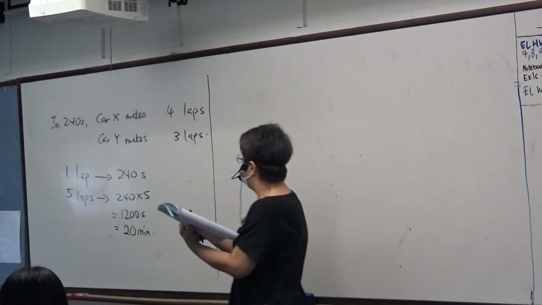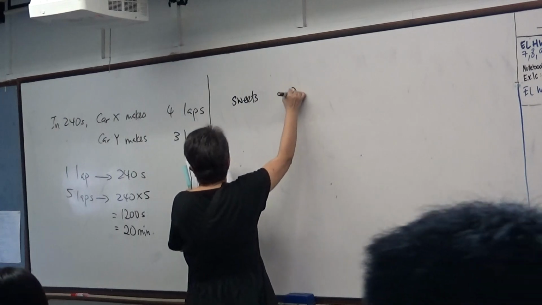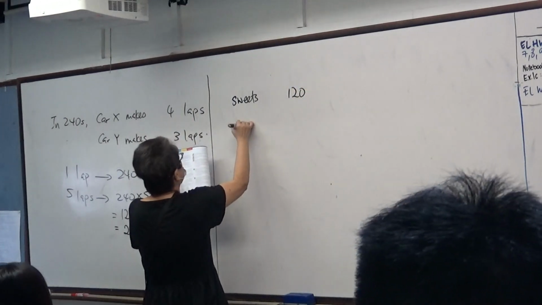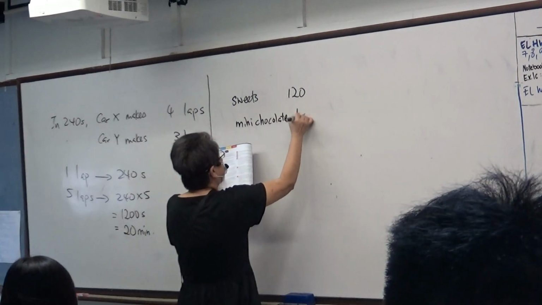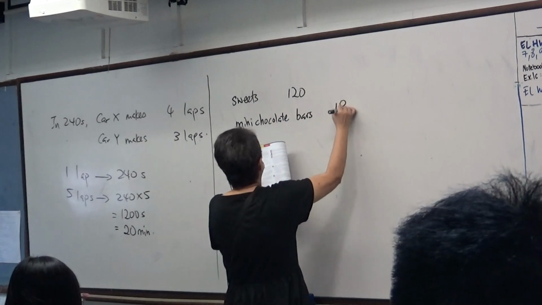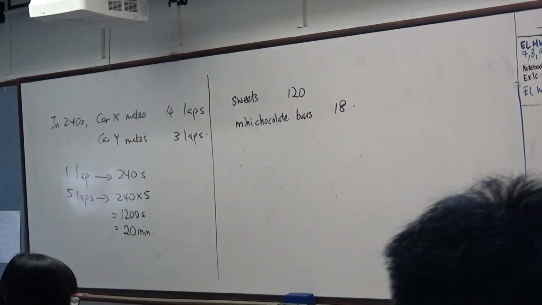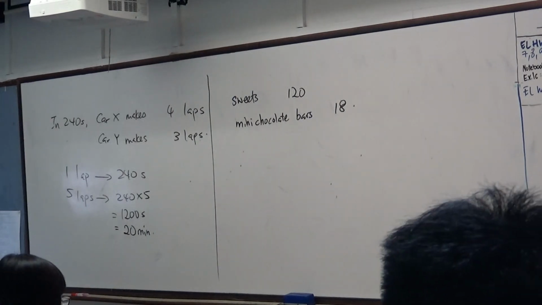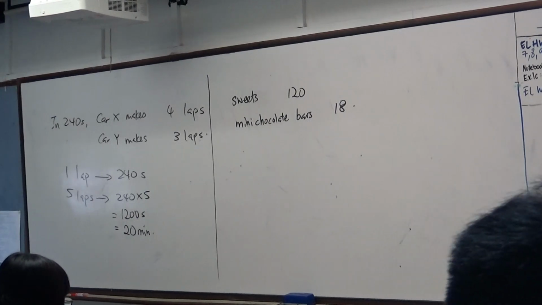Sweets are sold in packs of 120, whereas mini chocolate bars are sold in packs of 18, right? Cindy bought the same number of sweets as mini chocolate bars. Find the least number of packs of sweets that she could have bought.